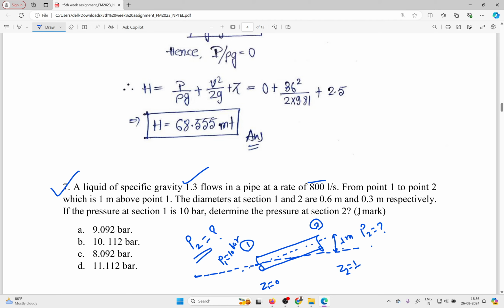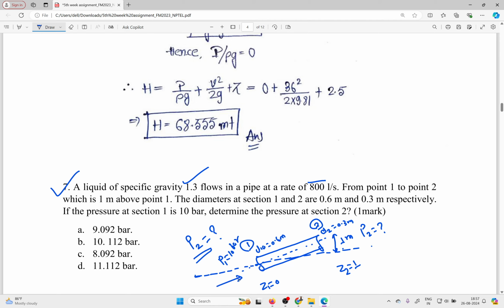The diameter is varying. The diameter at section 1 is 0.6 meter. Here the diameter is 0.3 meter, D2 is given 0.3 meter.